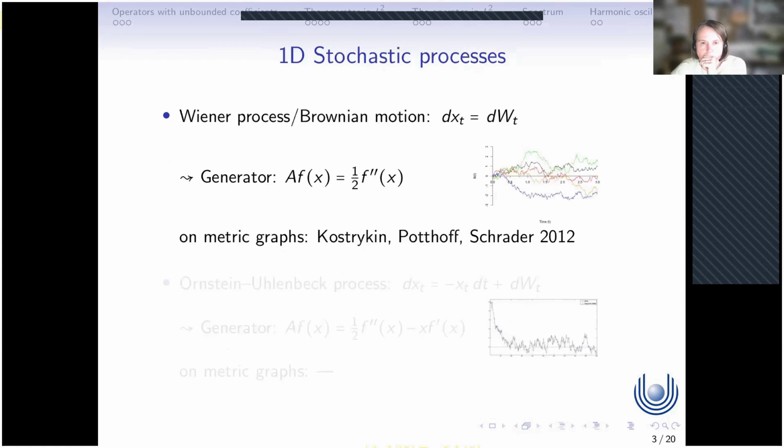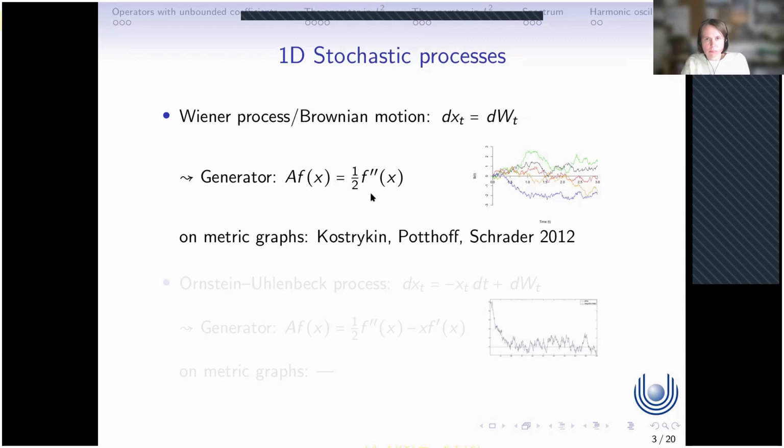So in particular, what Abdelaziz and I were interested in was the study of stochastic processes, one-dimensional stochastic processes on metric graphs. The classical 1D stochastic process is the Wiener process. It is well known that the generator is just given by this: the second derivative up to a certain constant.